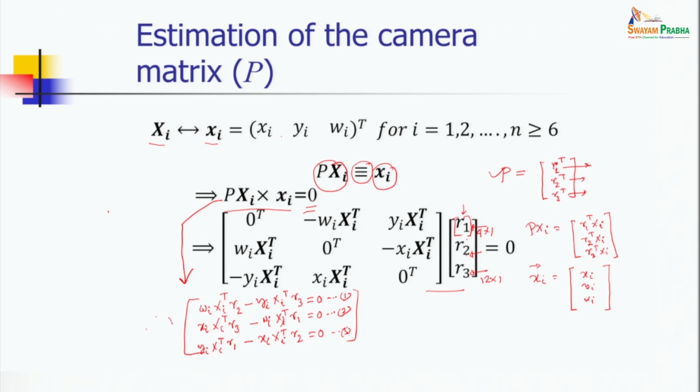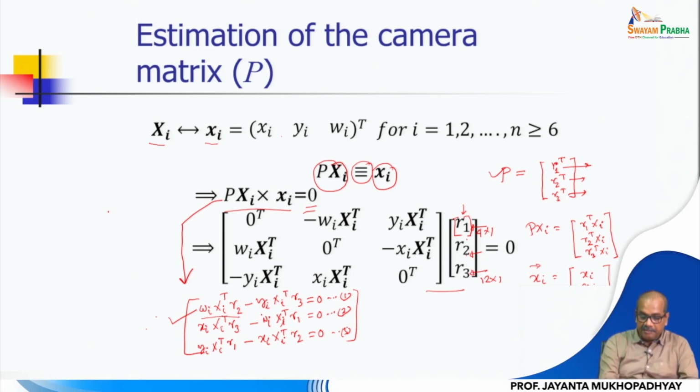Now, take the first equation. The first component is given as wi xi transpose R2 and minus yi xi transpose R3. Here, each 0 is a row vector, 1 cross 4, and this defines a submatrix. In the matrix algebra, this first row gives 0 into this column vector, so we get 0.